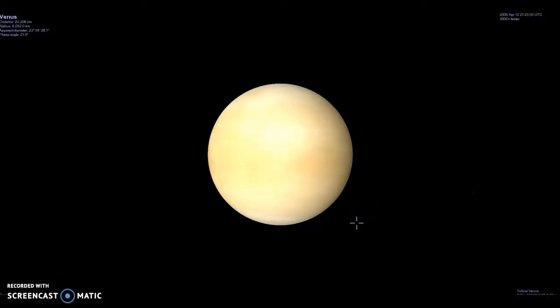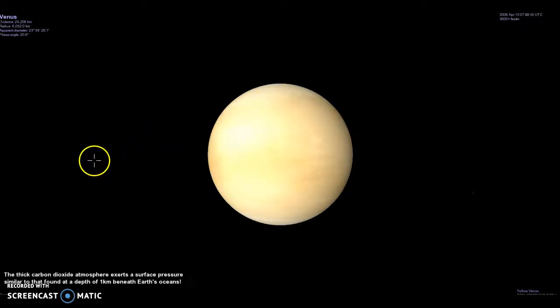So yeah, you'll see this movement here, and the movement of these clouds are around 350 kilometers per hour, which is pretty darn fast. And then most of Venus's atmosphere is made up of carbon dioxide.